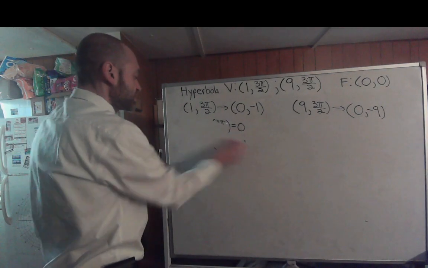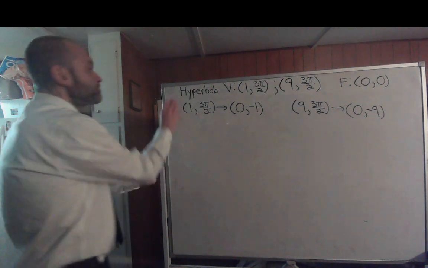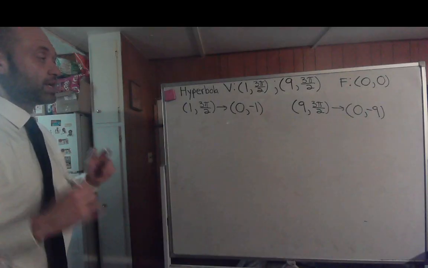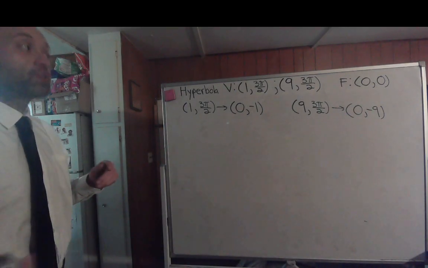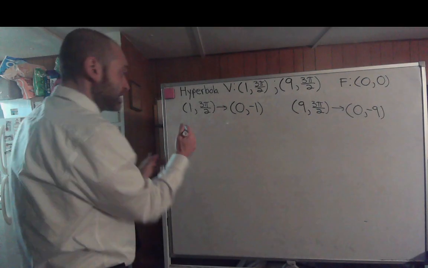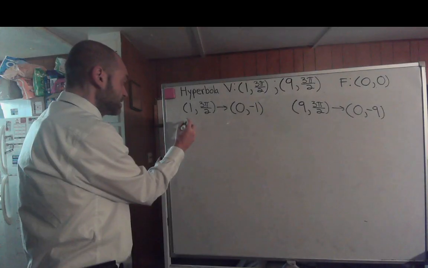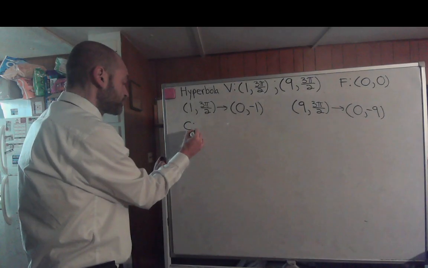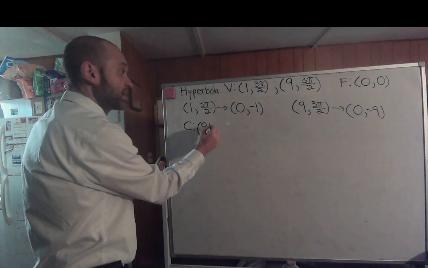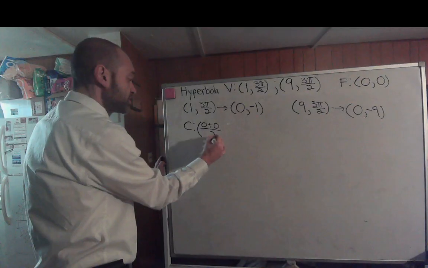Alright, so that saved us a little bit of work. Next thing to do here, find the center of the hyperbola. Again, let's use the midpoint formula. We have an x1 of 0 plus an x2 of 0, all over 2.